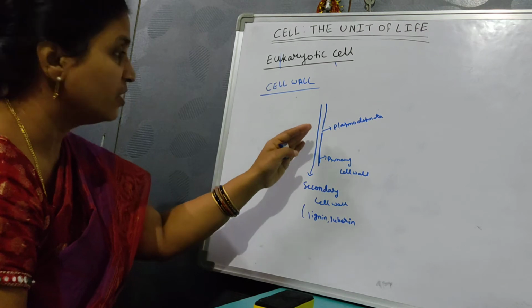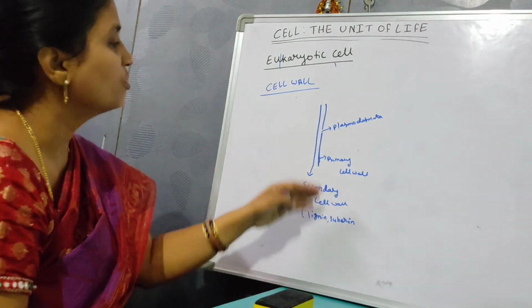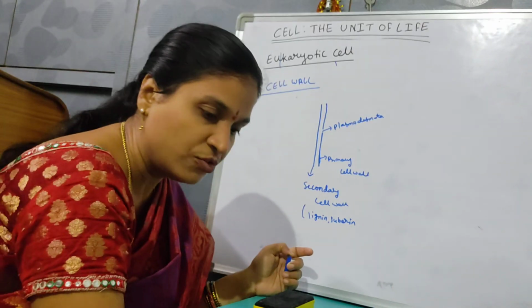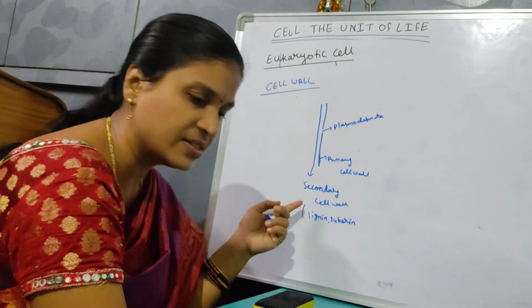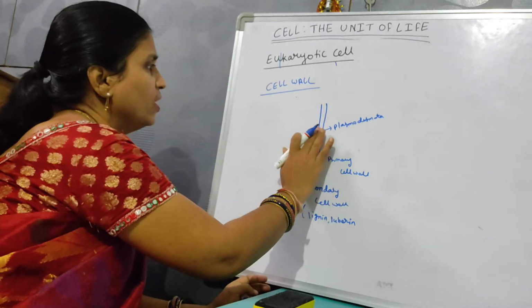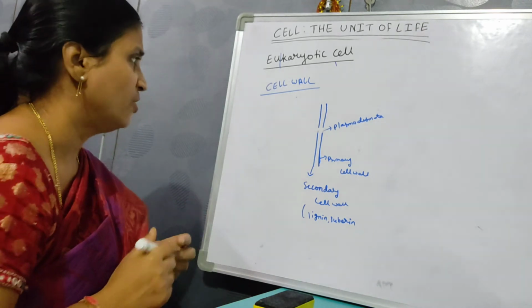It is going to form inner to the cell membrane by the deposition of lignin and suberin. Then the unthickened areas are called plasmodesmata, which are useful for intercellular transport.